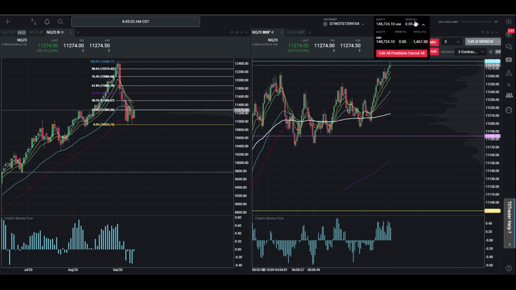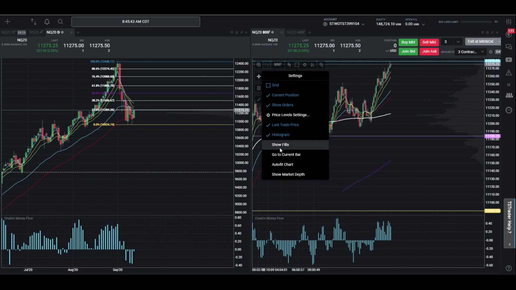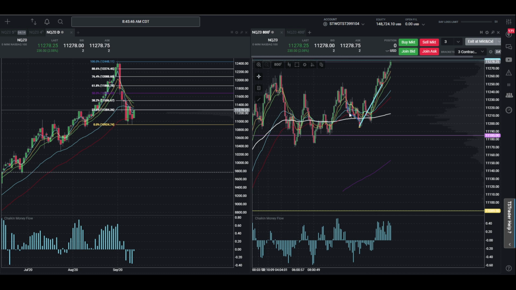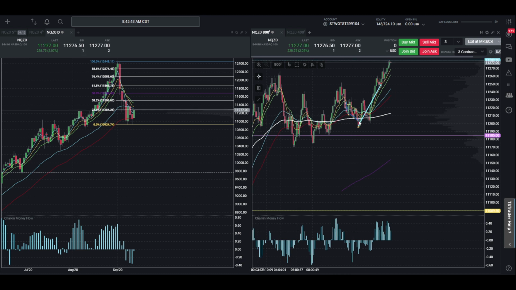As you can see, we're able to go from negative to positive, even though we took 1, 2, 3, 4, 5, 6 losses in a row. Each loss is 300. But we can see after we had a good solid move, this is our target.